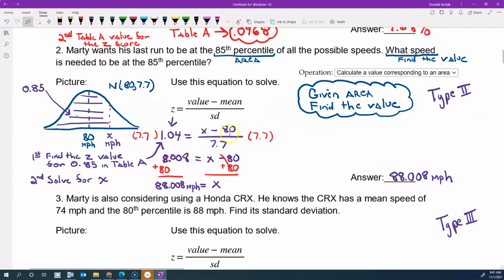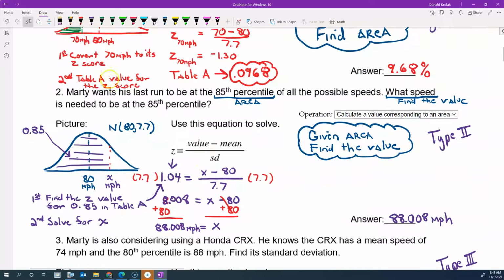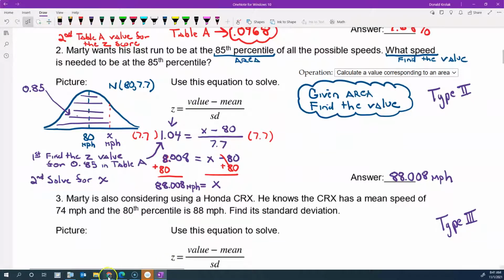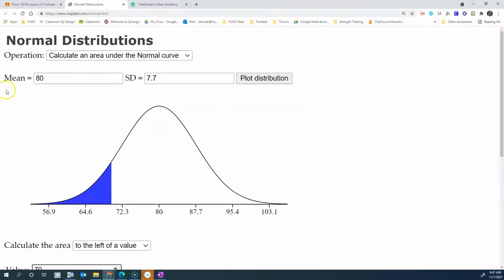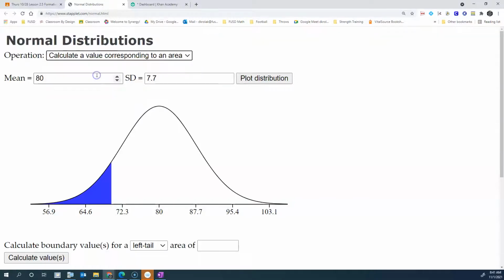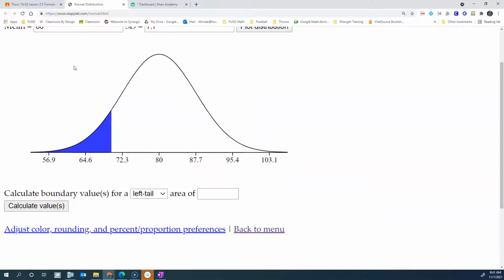Okay, so if I'm doing the second problem on the applet, it's real easy. Okay, all you do is you change the operation up top. Change it from calculate an area to calculate a value. And we want the value that is left of the 85th percentile.